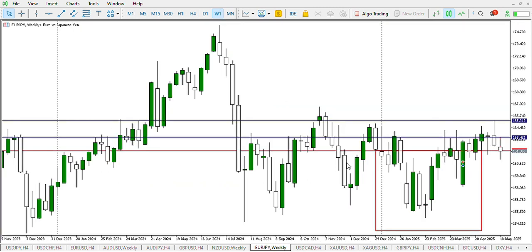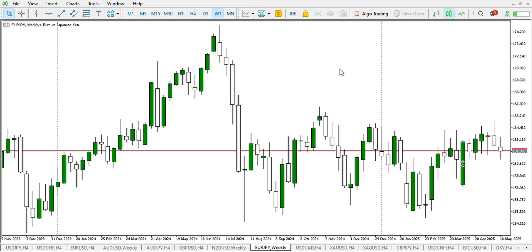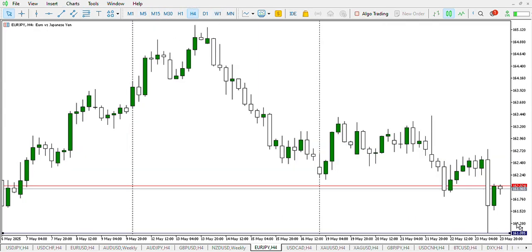So do the needful, mark the chart on your own, look out for these zones and see the reaction of price. So right here on EUR JPY we have one strong support, this level 161.085. At 161.085 we have very strong buyers here.